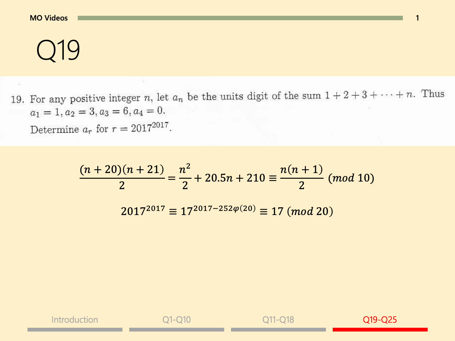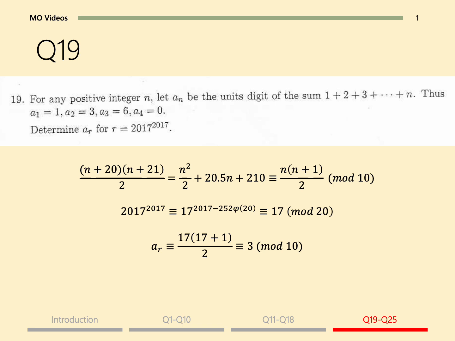So to calculate the value of 2017 to the power of 2017, we first replace 2017 by 17 mod 20, and then we take it to the power of 2017 minus, well, you could choose any multiple of the totient of 20, which is 8. I'll leave this to you, and here 252 is chosen for the ease of calculation, and this gives 17 mod 20.